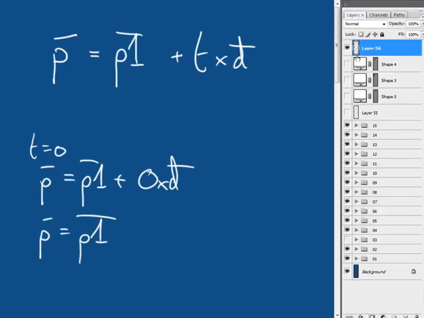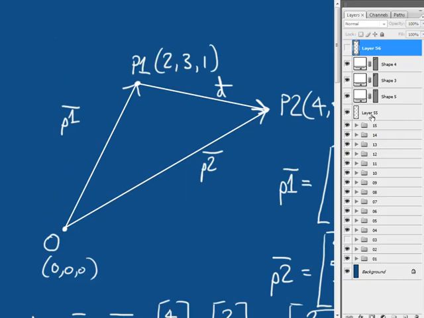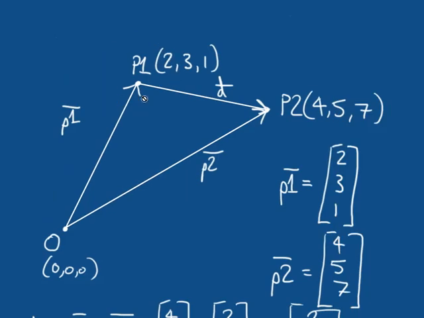So on our earlier diagram, that gives us this point P1. We're saying we start at the origin right here and we travel along the position vector P1, thus that's going to give us the point P1. So we get the point P1 when t is equal to 0.